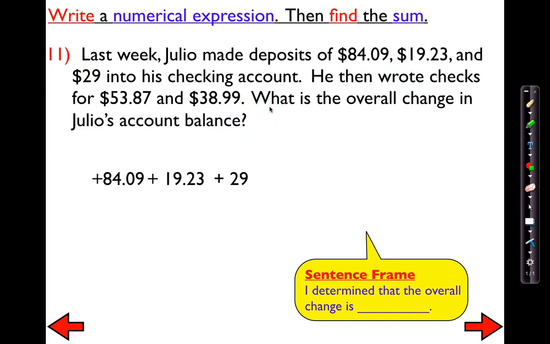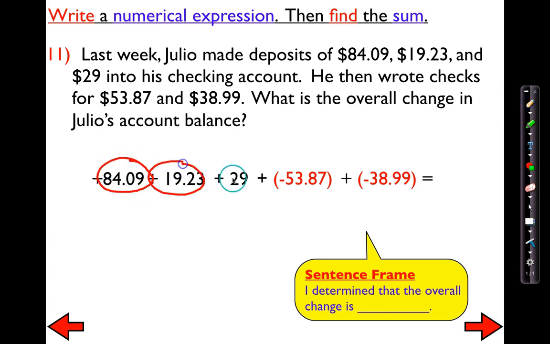If you're writing checks, that means your account is going to lose money because you're paying someone with that check. So the first check was $53.87, so that's going to be plus a negative $53.87. And then again with another check of $38.99, so that's going to be plus a negative $38.99.